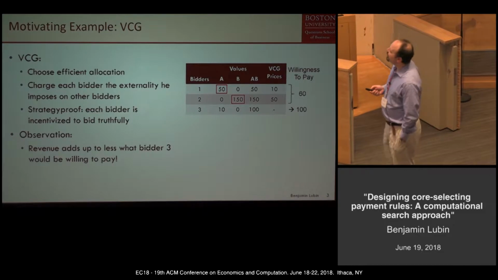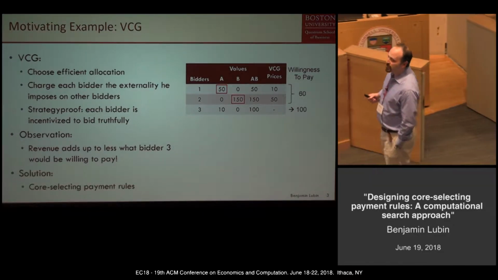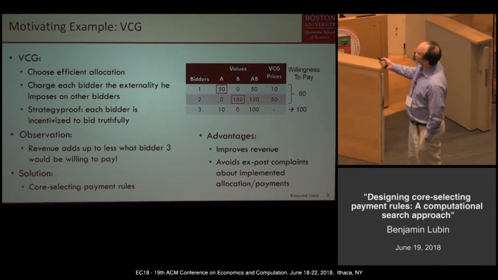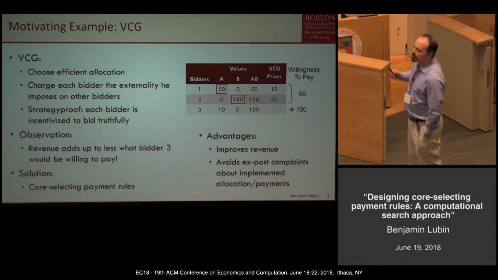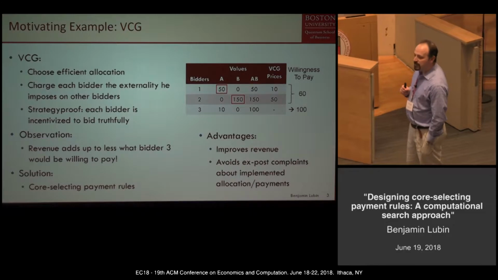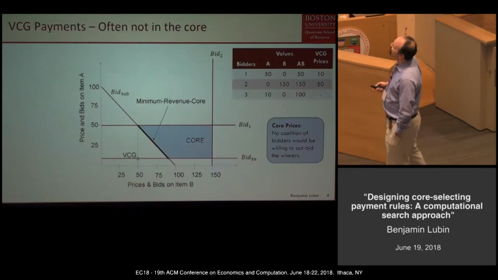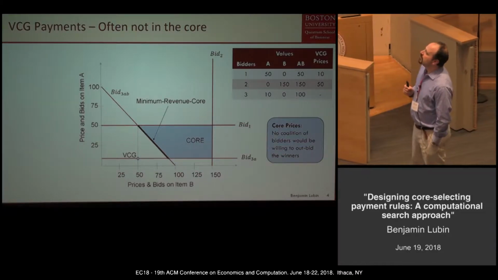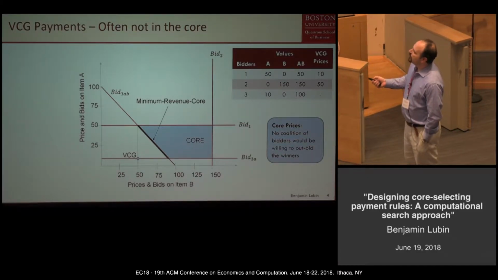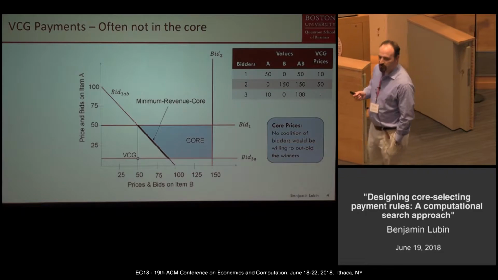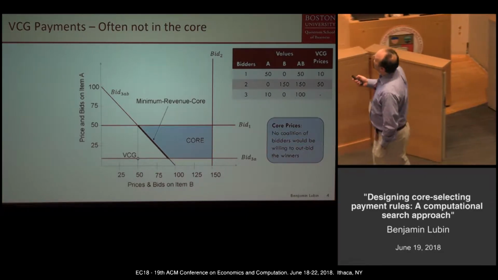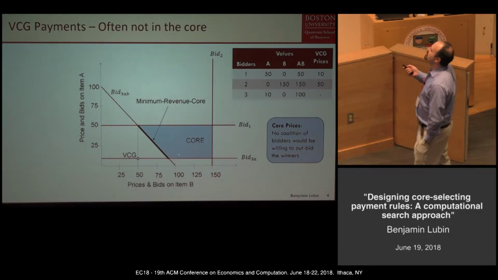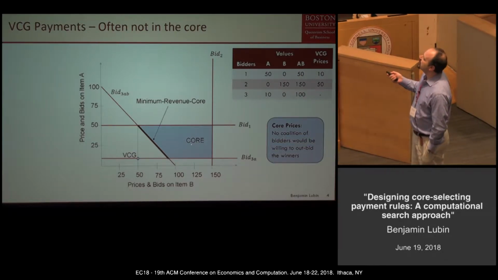This is probably undesirable. And so the solution here is to implement core selecting rules instead of VCG because it improves revenue, but also because it avoids these ex post complaints about the implemented allocation and payments that are being charged. We can show this example pictorially in a picture like this, where the axes here are the bids being placed on each of the 2 items, item A and item B. Then we plot back on a graph like this the payments that are going to be charged.